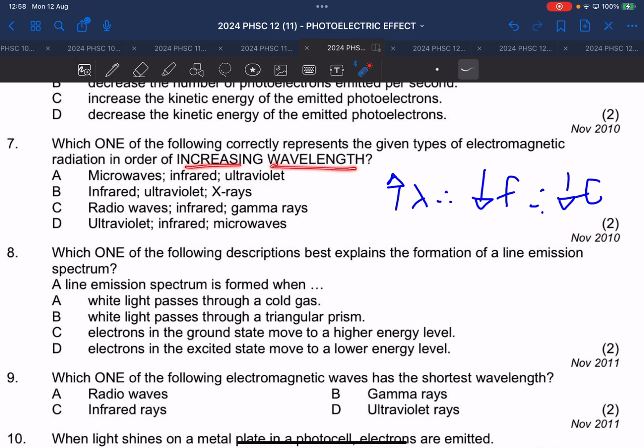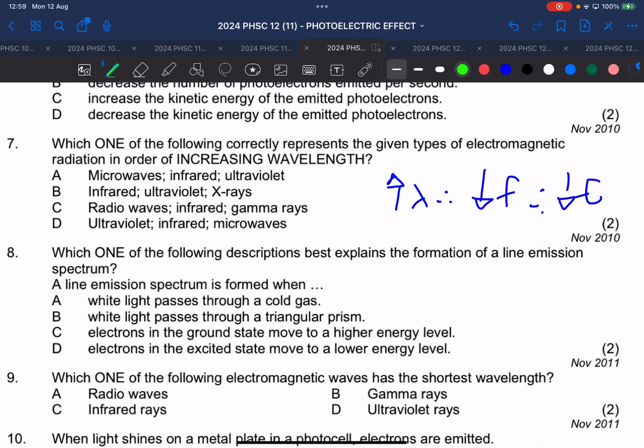You start with high energy, and then you increase the wavelength, decrease the energy. Wavelength is inversely proportional to frequency, and frequency is directly proportional to energy. Increasing wavelength means decreasing energy.